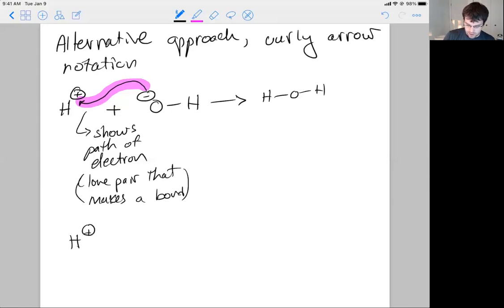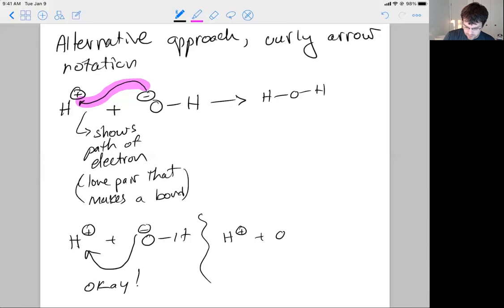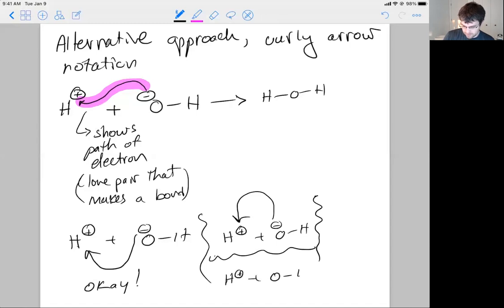If you had drawn this, that's okay. If you had drawn this, that's okay. If you had drawn, let's get ridiculous here, just to emphasize, as long as we're going from negative to positive, it's okay.